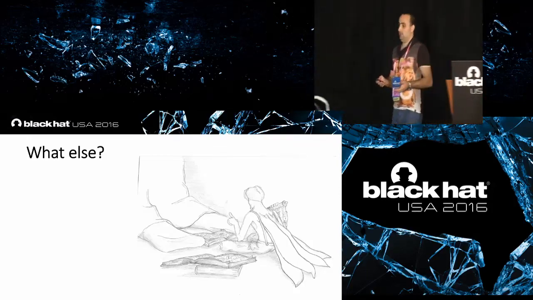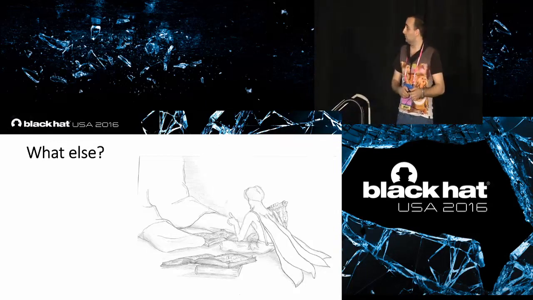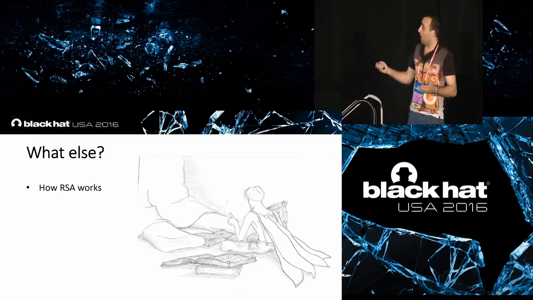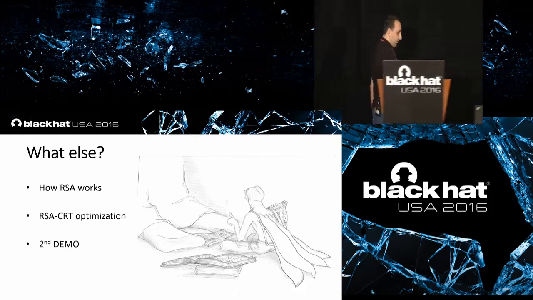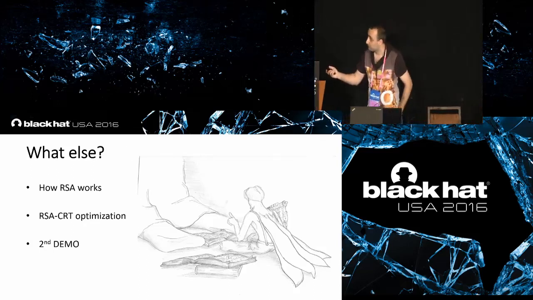How can we continue with the attack? We need to apply the Lenstra attack, as I told you previously. And to understand the specific attack, we also need to understand how RSA works and what the RSA CRT optimization is. And finally, I will show you a second demo.